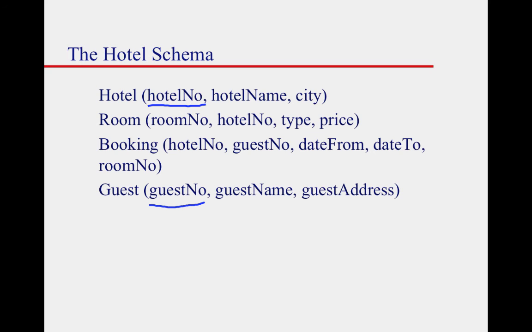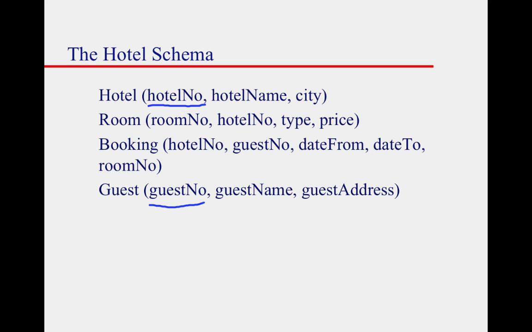I really don't think that type or price is going to do the trick either. So in this case, we're going to have to look for some combination of attributes. Now clearly, I have told you that all 4 attributes together will be a key, but we're looking for a candidate key. So what set of attributes do you think will give me a candidate key for room?